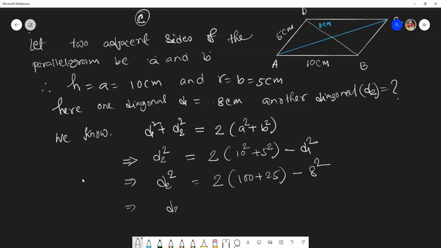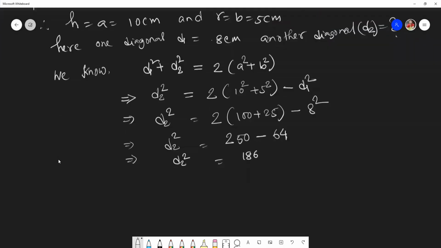Now D2 square will be 125 multiplied by 2, which is 250, minus 64. Doing the subtraction, you will get 186. So D2 equals root over 186.